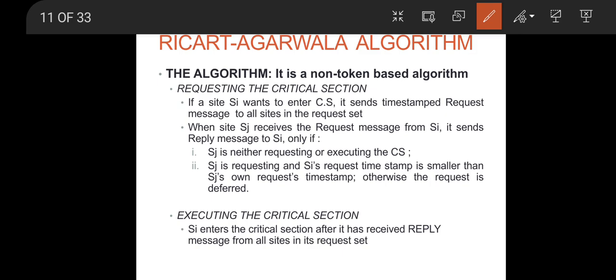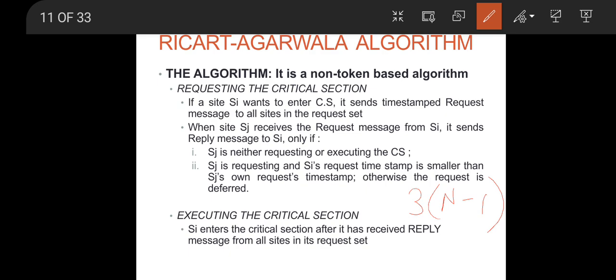In the Lamport mutual exclusion algorithm, for any processor to use the critical section, it had to send 3 into n-1 messages, which is very large. When the value of n becomes very high, 3 into n-1 is a very large value.